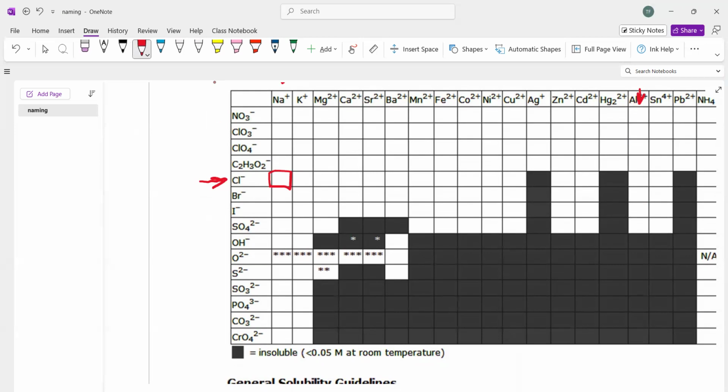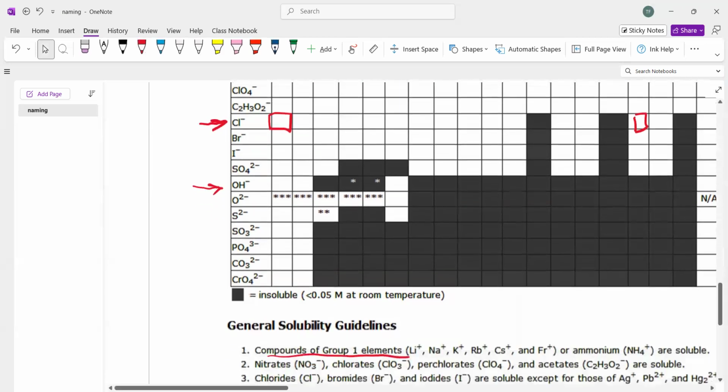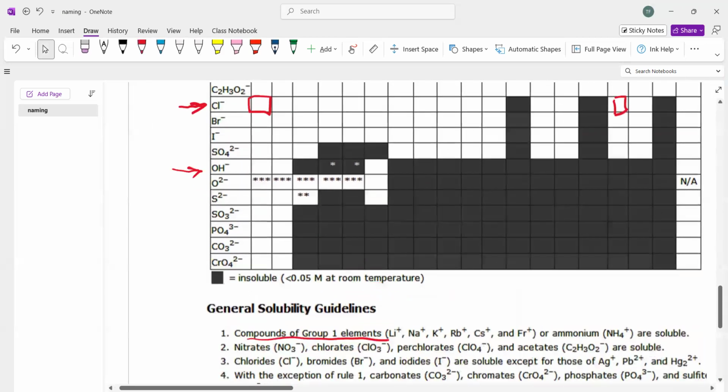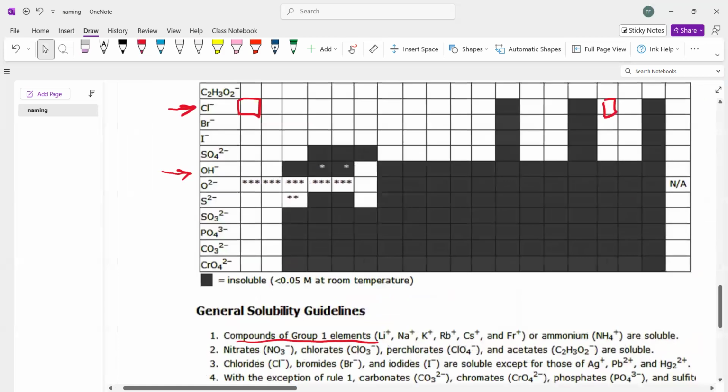Our first one is hydroxide, the OH. Then it starts forming solids. But chloride is up here. So we have another white box. So aluminum chloride is also going to be soluble. Okay, so does this make sense?